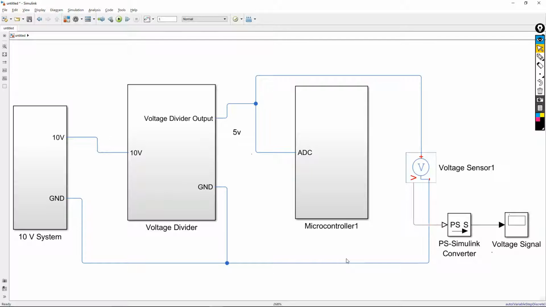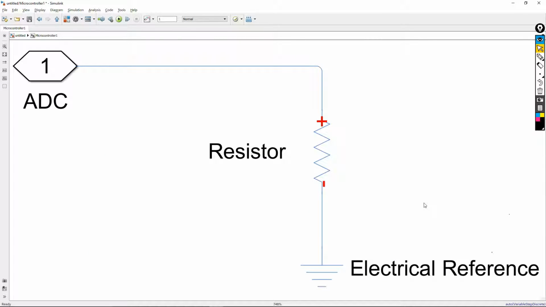But then you will design your system, and you will be a bit unsatisfied with the results, and you will see that you are really not getting this 5 volt output. The main reason is that if you go through the ADC blocks of a microcontroller, usually the inputs are protected by a resistor to avoid flow of current within the microcontroller circuit.